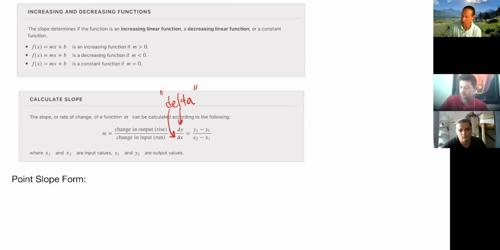That is the change. That's the symbol we use for change or difference. This is also a symbol that we use to find the change or difference. So if we have 2 points, we will take the x1, y1 and the x2, y2 and find their differences.